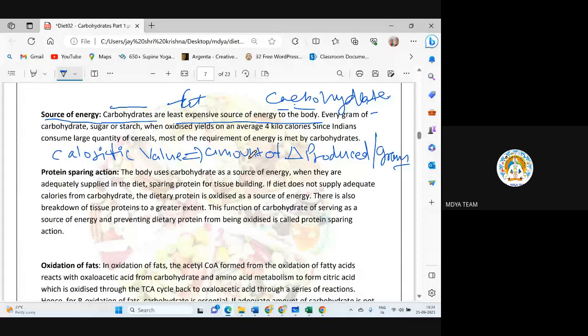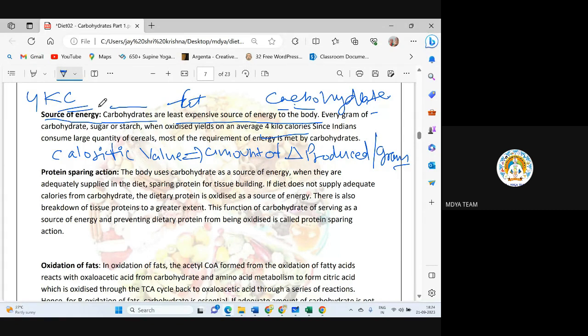It means if you have 1 gram of carbohydrate, the amount of energy your body produces is called the calorific value of carbohydrate. Carbohydrate has a calorific value of 4 kilocalorie. If our body uses 1 gram of carbohydrate, it will produce 4 kilocalorie of energy.